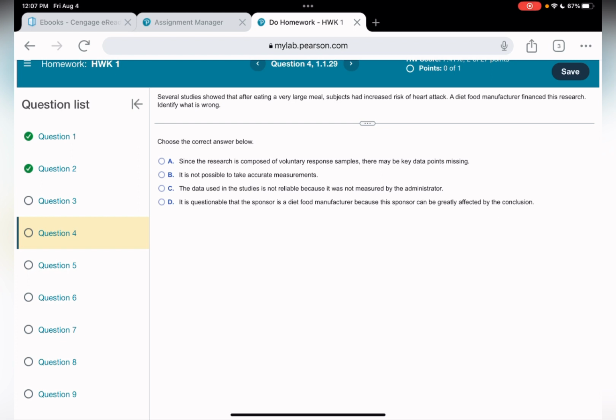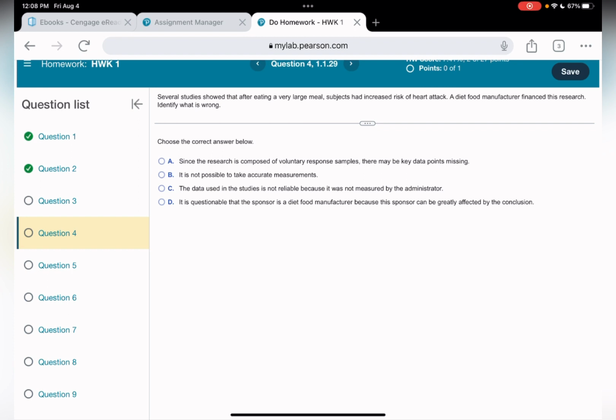Identify what is wrong. Okay, well, let's see. What is wrong with this statement? We need to understand. So I'm going to read all of them and then we figure out what could be wrong. It's a diet food manufacturer financed.